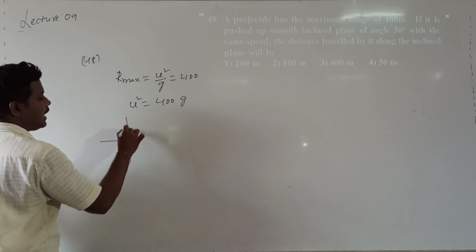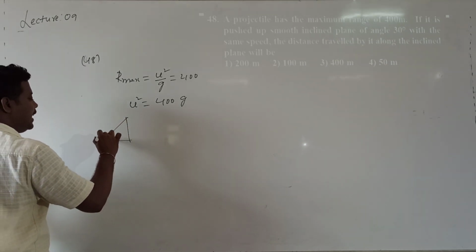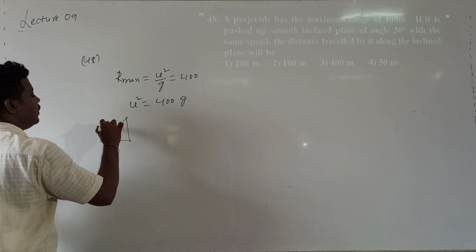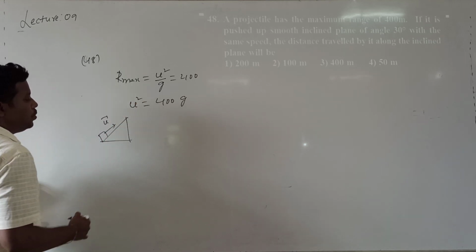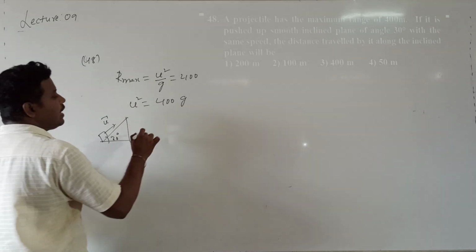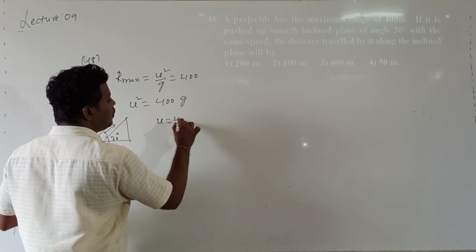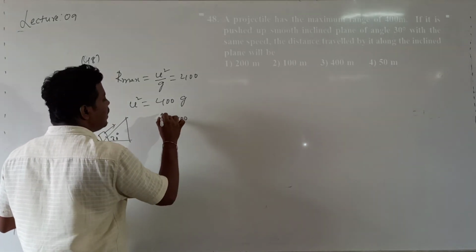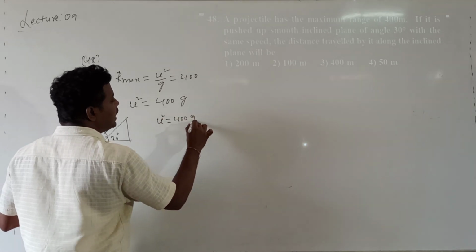Now they consider an inclined plane. The projectile is projected up the plane with the same velocity u, and the angle of inclination is given as 30 degrees. For the inclined plane, u square is 400 into g.